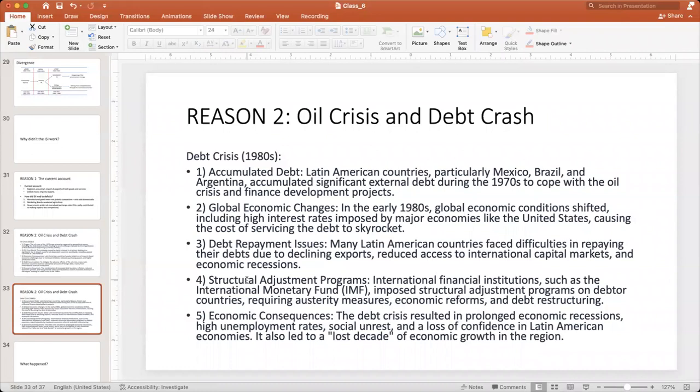So many Latin American countries faced difficulties in repaying their debts, and access to the international capital markets was closed to them, and that produced high levels of indebtedness, and all the Latin American countries went into economic recessions. And because of that, protectionism as a strategy started to crack.